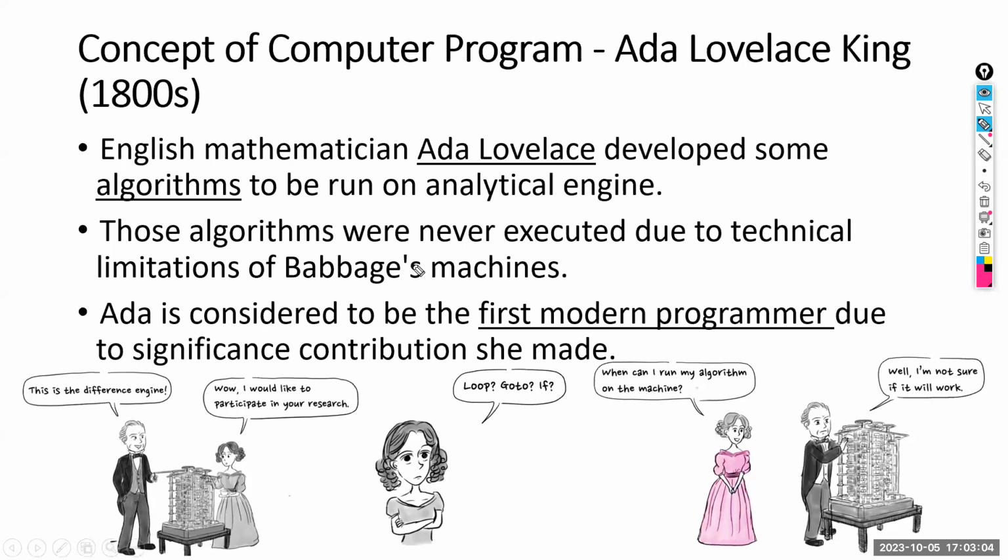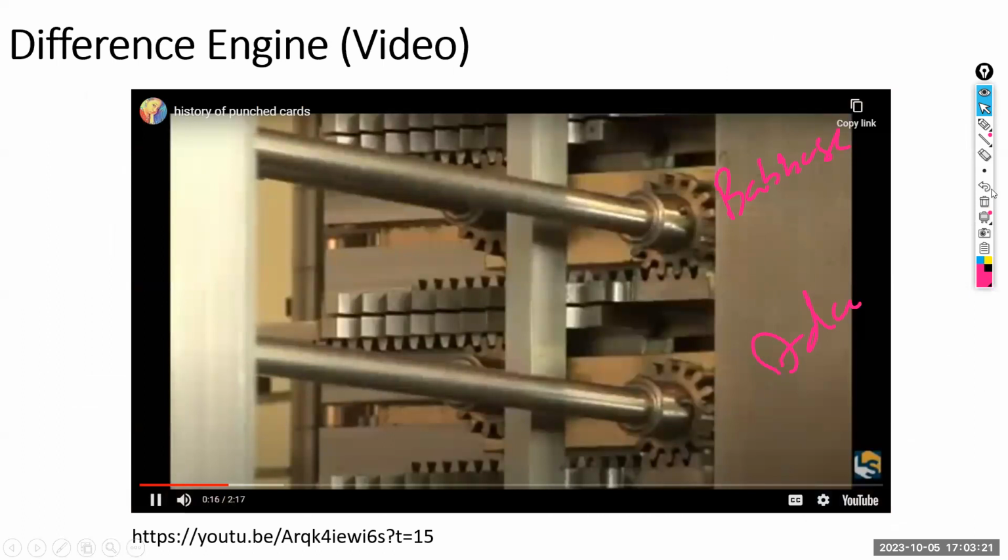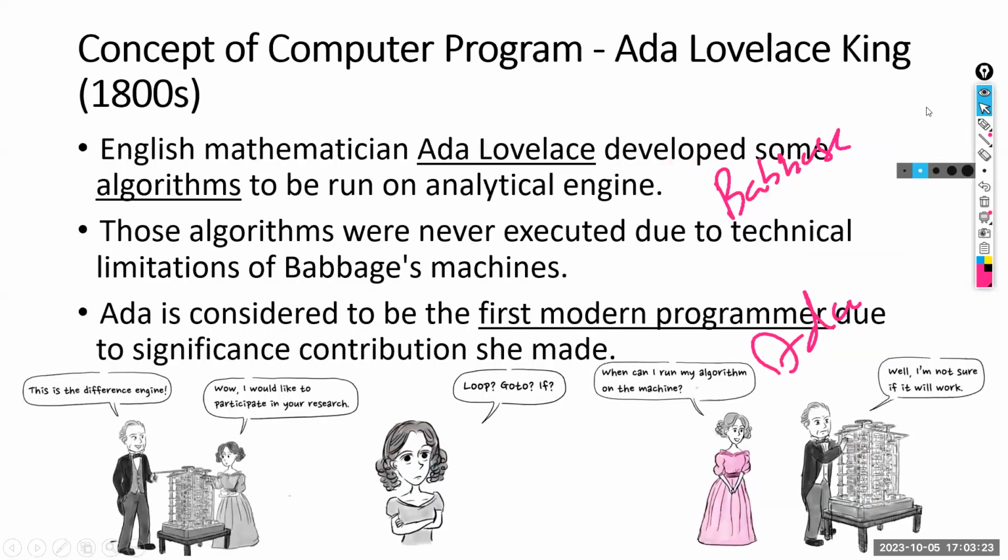So basically, Babbage, then Ada, and also, how do you call that person who came up with this punch card? Yeah, Jacquard.